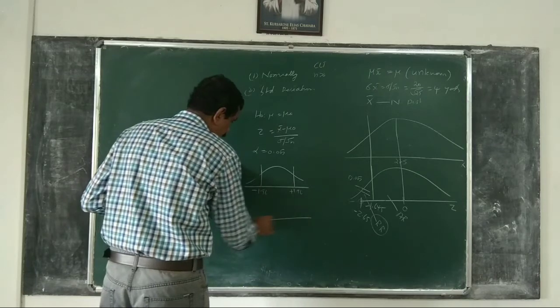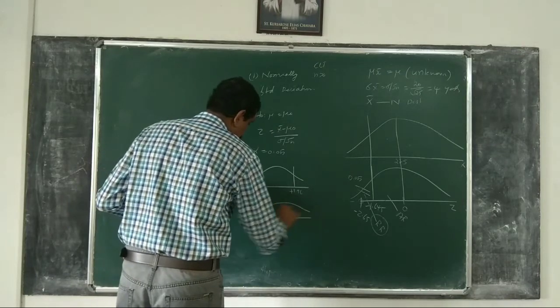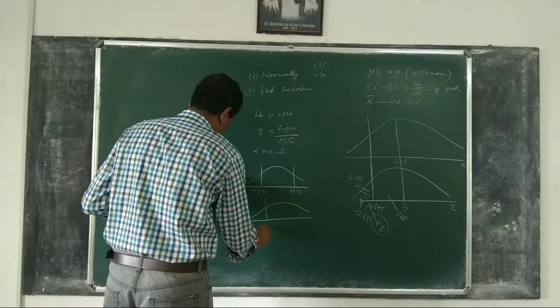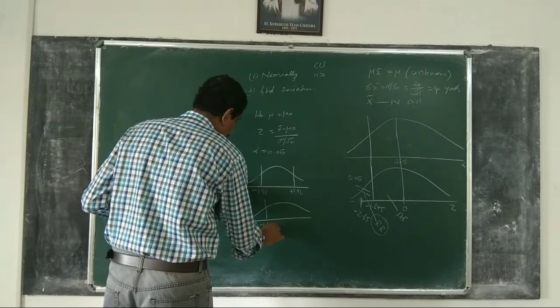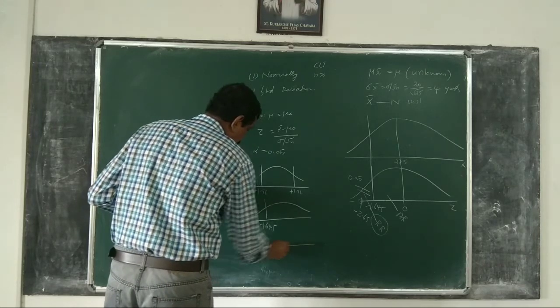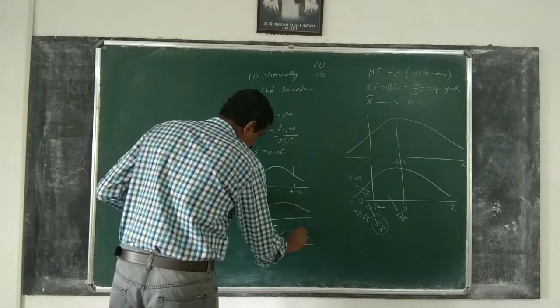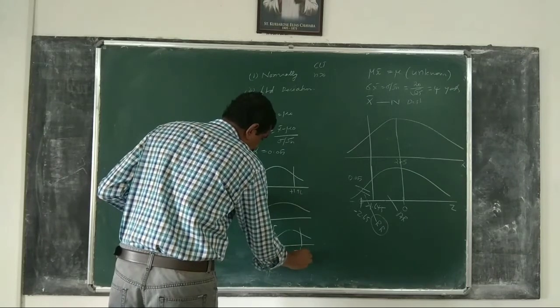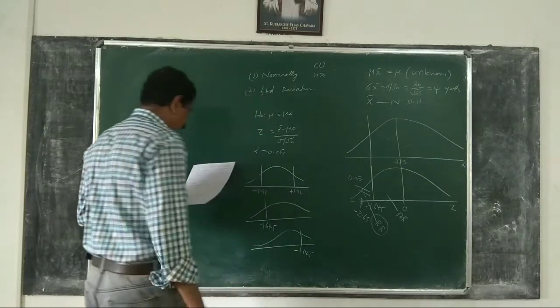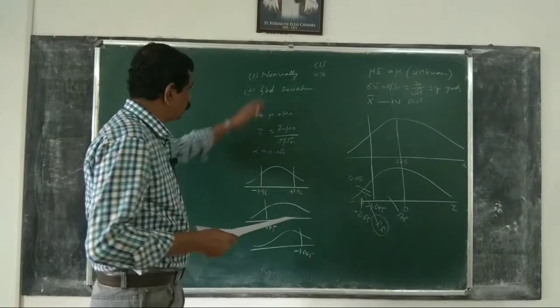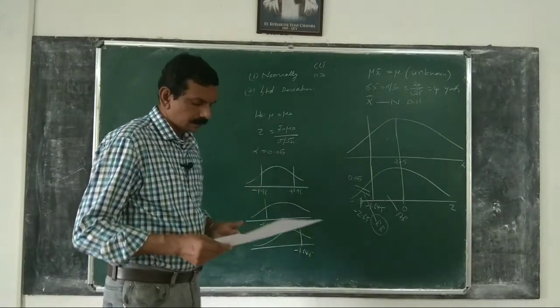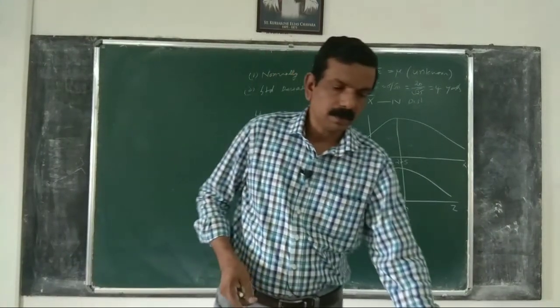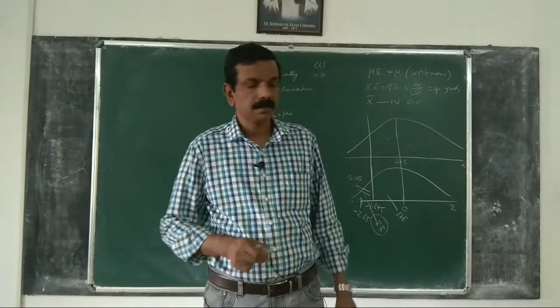For a left-tailed test, 5% in the left only, it is minus 1.645. For a right-tailed test, it is plus 1.645. This is the procedure. So you formulate H0 and H1.